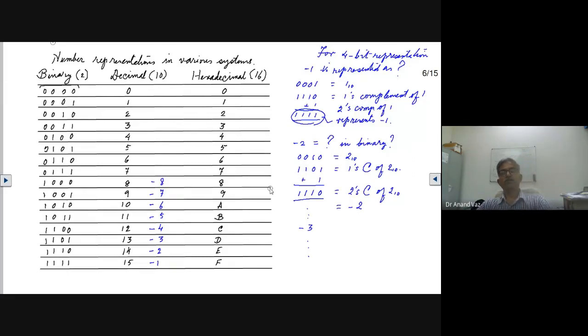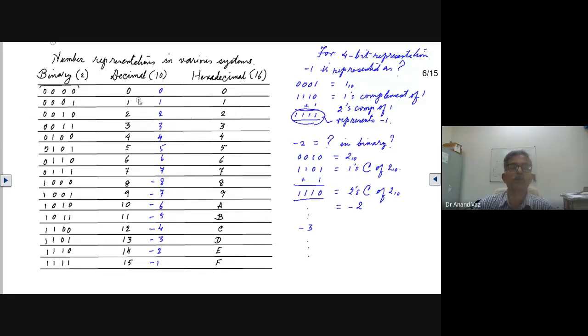It's because we will have 8 numbers from 0 to 7 which are positive or 0, and we will have 8 numbers which are negative. So the positive numbers will be 0, 1, 2, 3, 4, 5, 6 and 7, and the others are negative numbers.